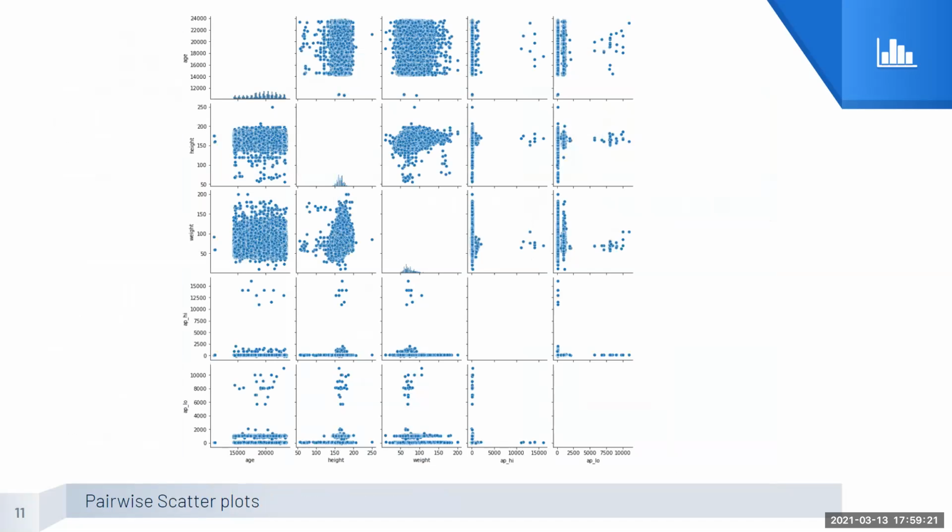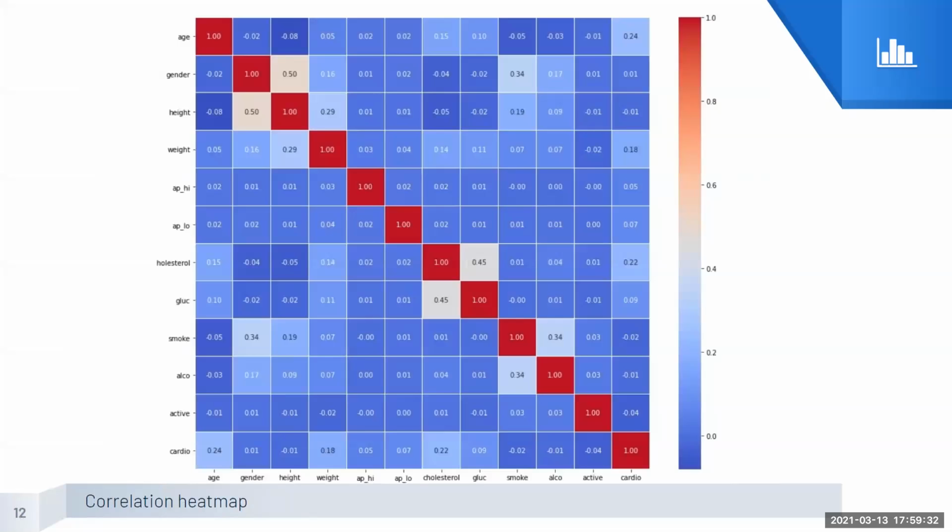Then for bivariate analyses, we looked at pairwise scatter plots, which look at the possible correlations between 2 variables, and a correlation heat map that looks at all of the possible correlations. It is important to note here that we did not find any significant correlation between any 2 variables.